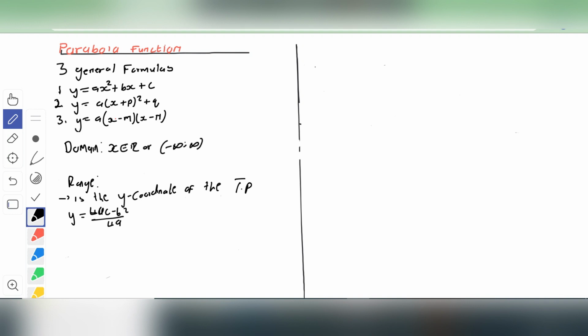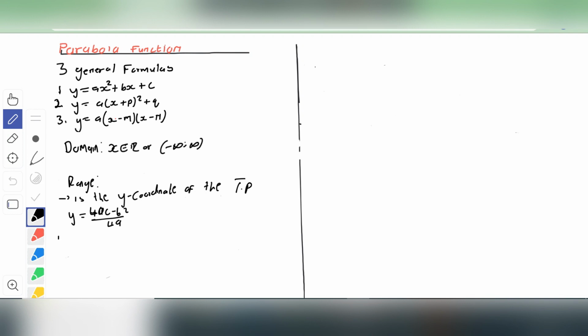If you are not comfortable with this formula, you know how to find the y coordinate of the turning point from the previous video, where we talked about how to determine the turning point. So this is the formula. If you're comfortable using it, don't forget the signs and everything there. Like I said, range is the y coordinate of the turning point.